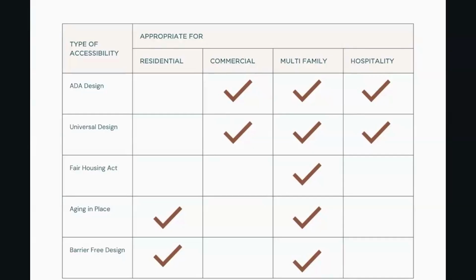Same with universal design. We hear universal design being used for residential homes all the time. And though it's a great term, and I do understand what people are trying to get at when they're talking about having a universally designed home, universal design, like we mentioned, is really about creating a space that is the most accessible and the most usable by the most amount of people possible. And that concept just might not be appropriate for our residents.